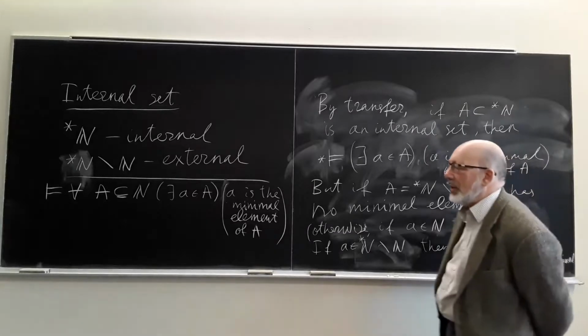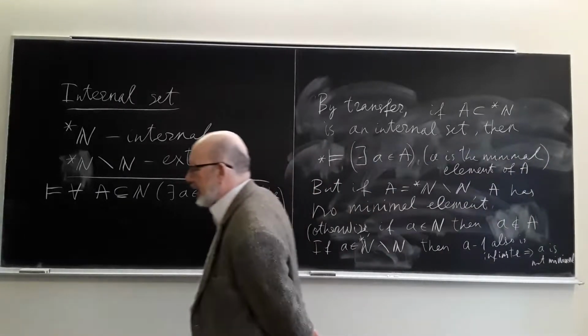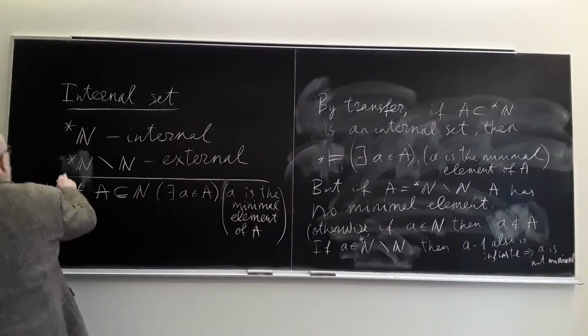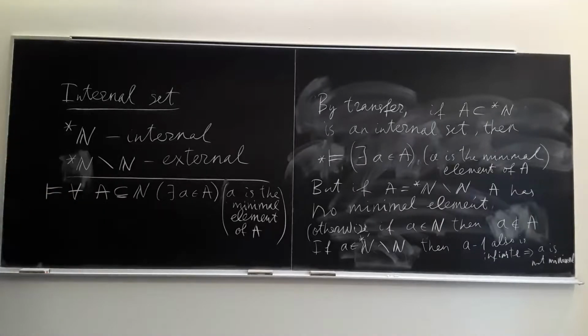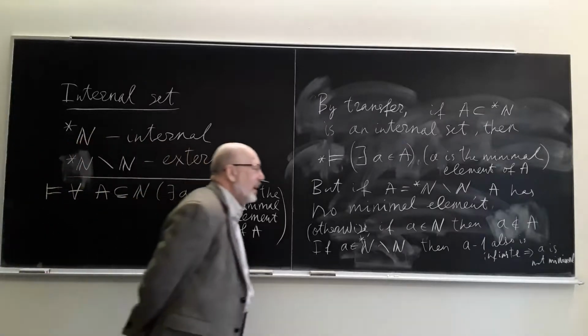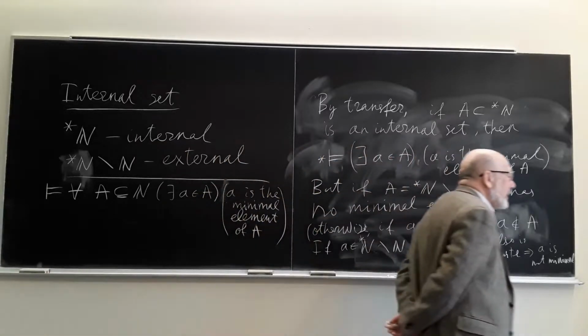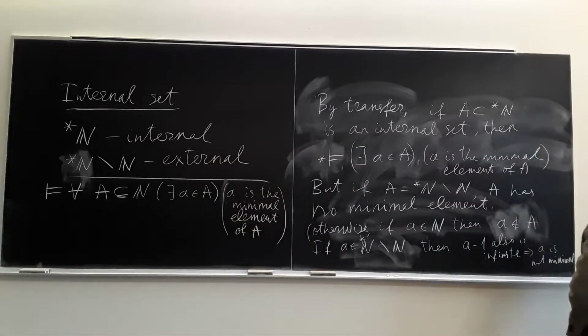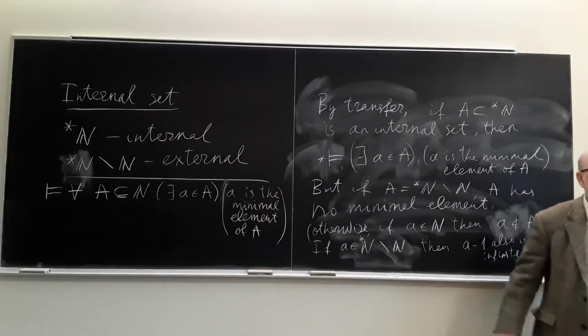And what is wrong? This set, star N minus N, is not internal. It is not an object of our universe. And it is important to find the ways how to prove that a certain set is internal, or to construct these sets.